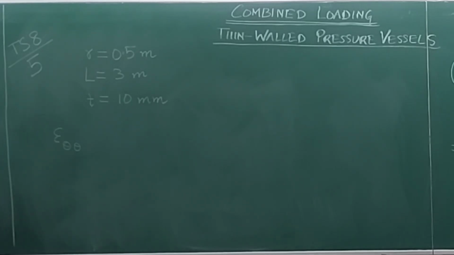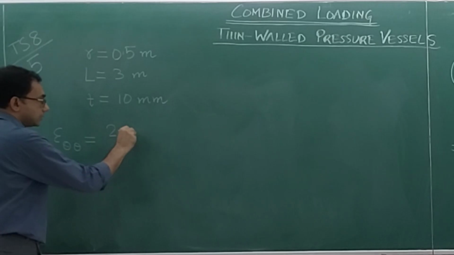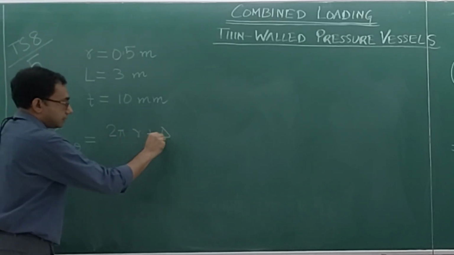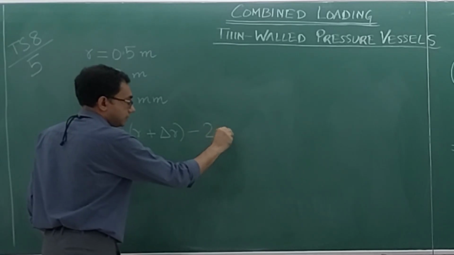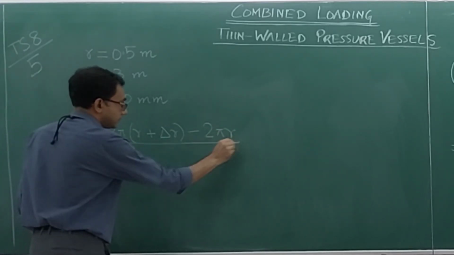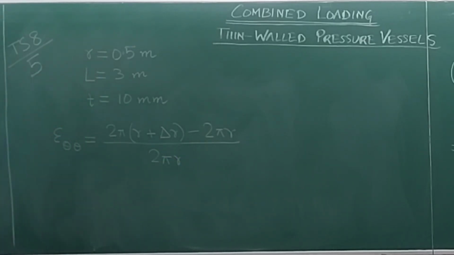I will after all express it in terms of the stresses, but for now I want to write it in terms of the change in length over the original length. So this should be twice pi r plus delta r minus twice pi r divided by twice pi r. So what have I done? I have considered the length of the circumference.